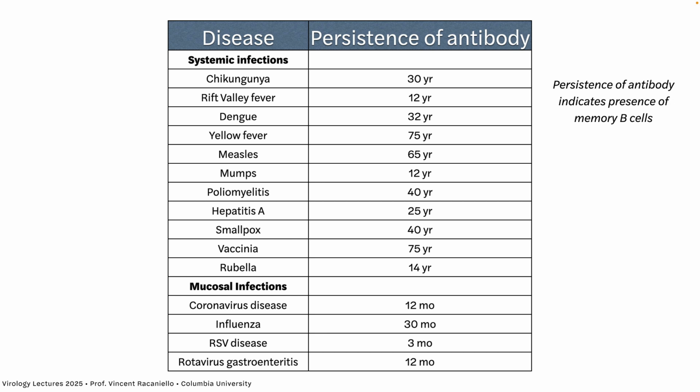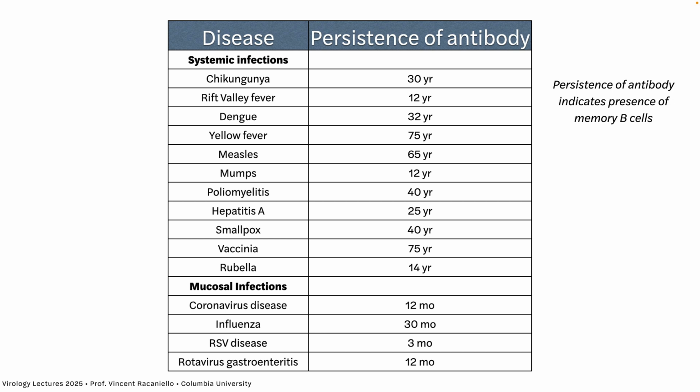Vaccinia virus, 75 years, smallpox, 40 years, mumps, 12 years, measles, 65 years. That came from the Faroe Island experiment. But then go to mucosal infections, 12 months, 30 months, 3 months, 12 months. It's not really good, right?